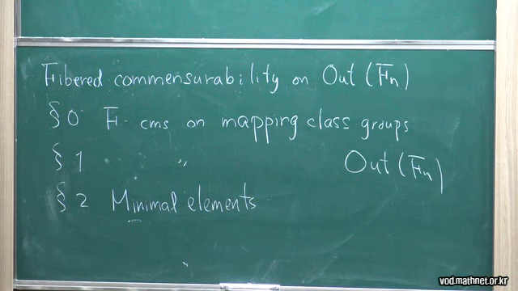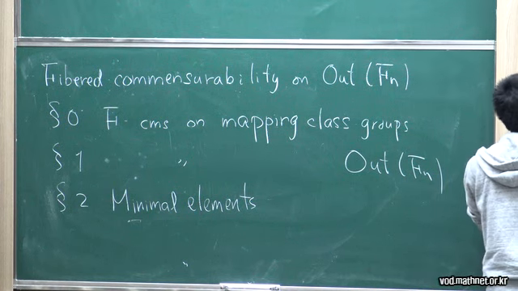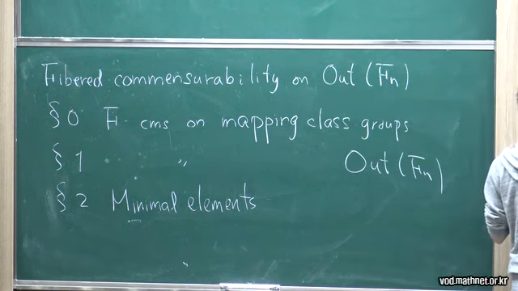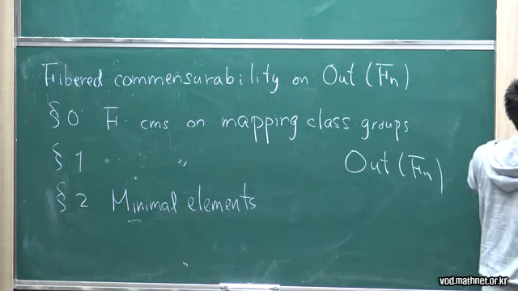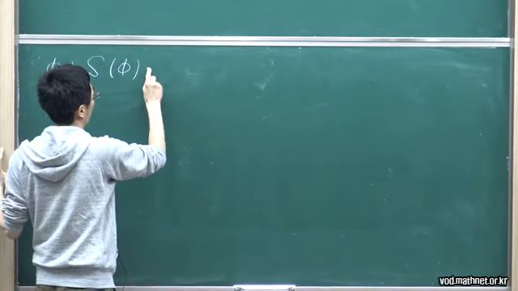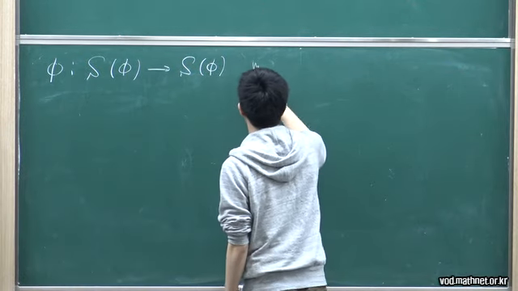Okay. So I will talk about mapping classes, but for later convenience, I will use this notation. So phi is a mapping class, and S_phi means the surface on which phi is defined. So this is a mapping class.